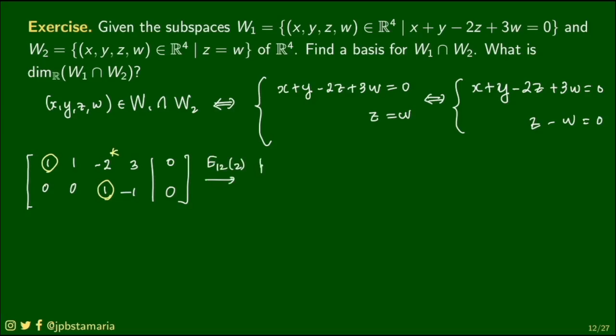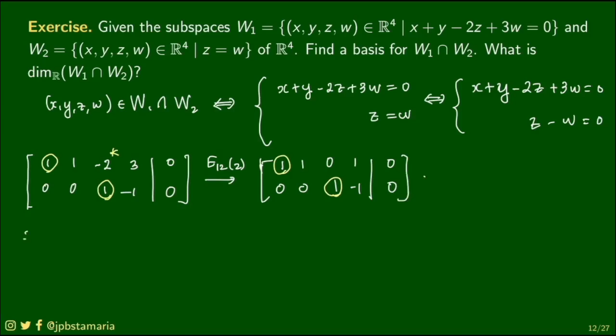We get the following: 1, 1, 0, 3 plus negative 2 is 1, 0. There you have it. So this is already a matrix in RREF. These are the pivots.